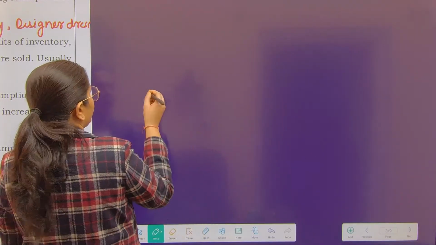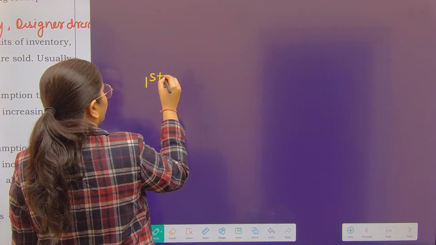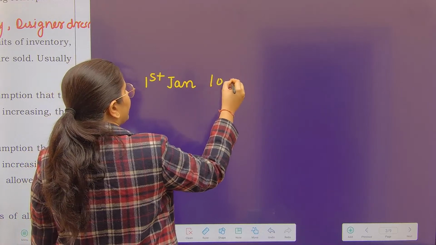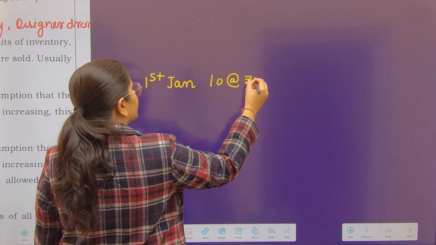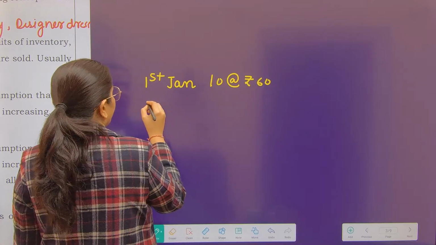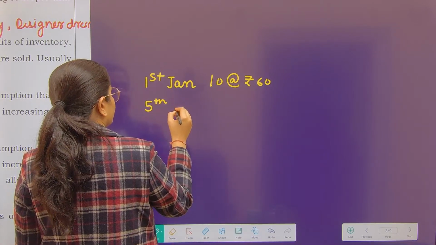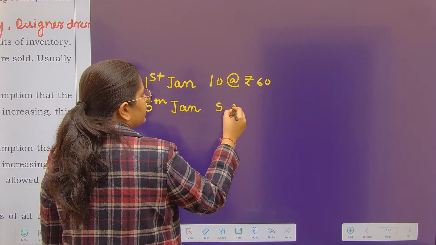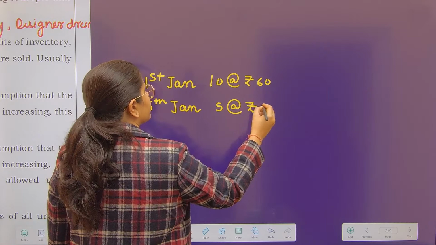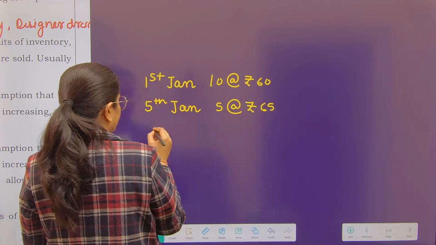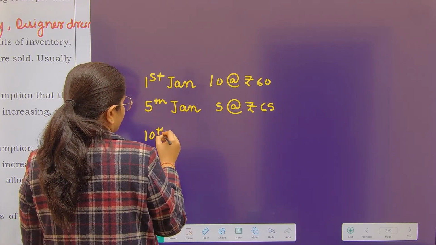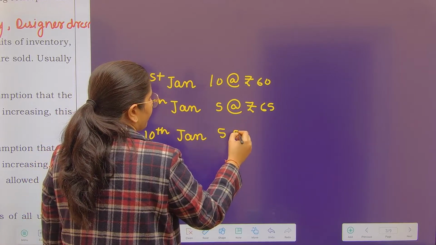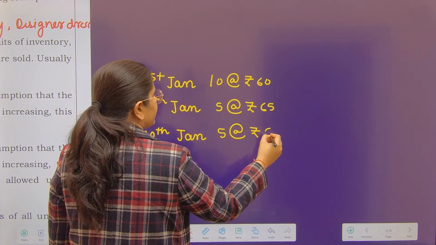See, on 1st January 10 packets of maida have been purchased at 60 rupees, on 5th January 5 packets at 65, and on 10th January 5 packets at 68.